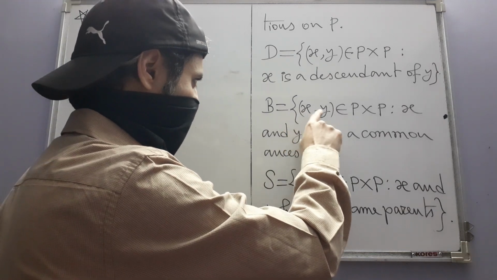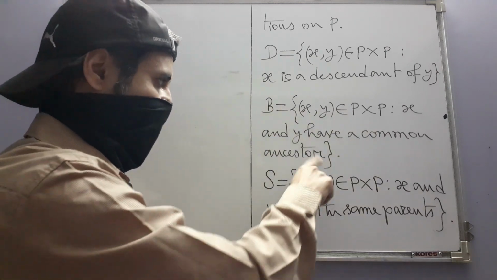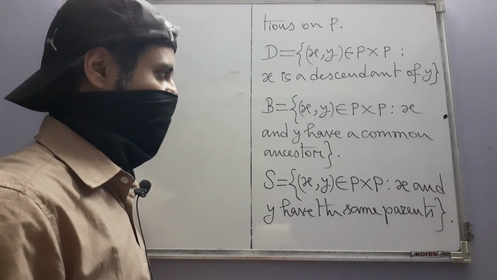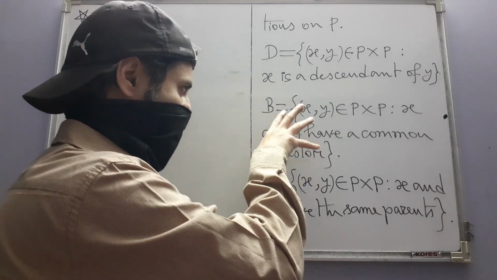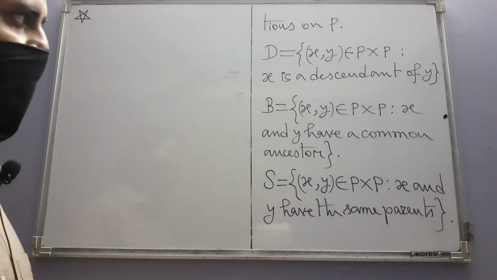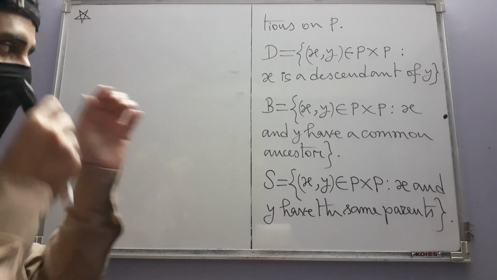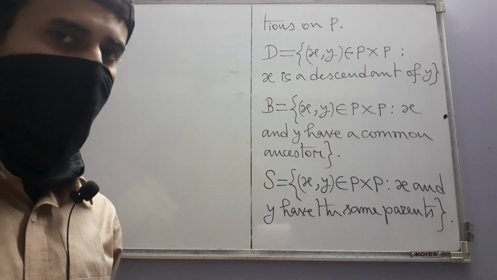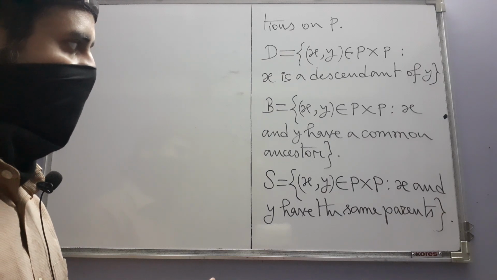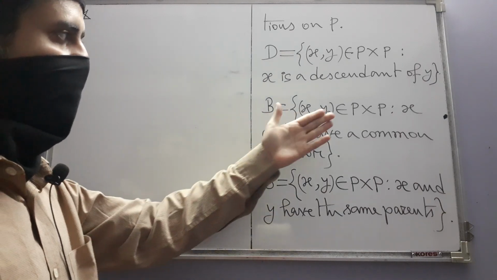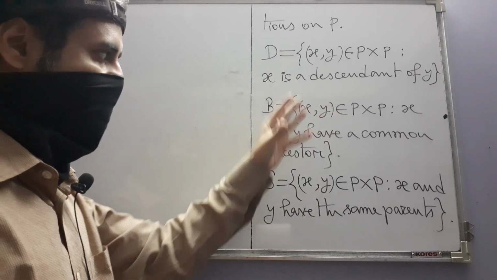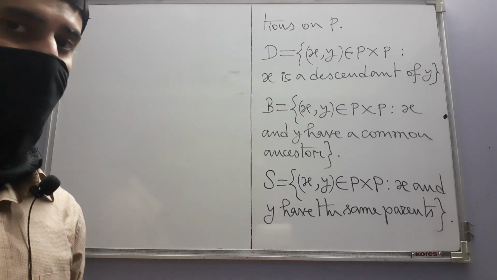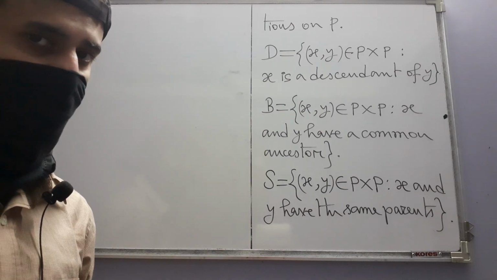XBY is not true, YBX is also not true. In fact, in this case, the relation is symmetric. If X and Y have a common ancestor, then Y and X also have a common ancestor. So it's not necessary that any two distinct persons must have a common ancestor, and that is why this relation doesn't satisfy comparability.